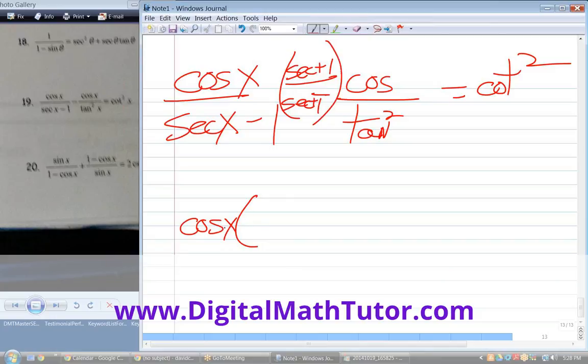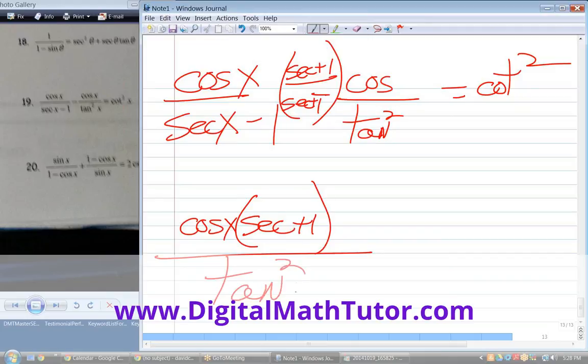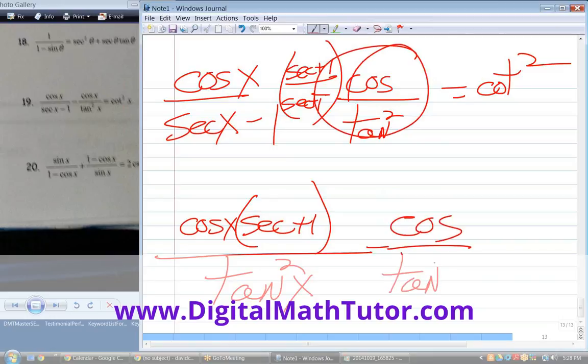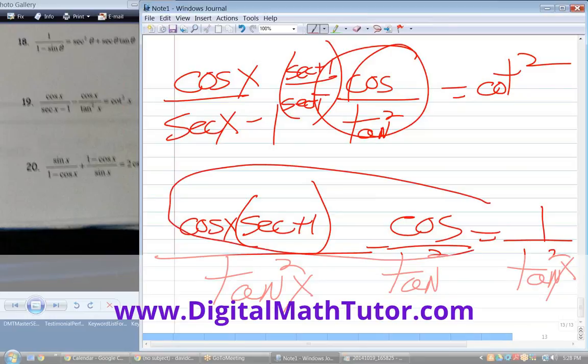So that gives me cosine x times secant plus 1 in the numerator. The denominator becomes secant squared x minus 1, which I can replace with tangent squared x. I already have that there, so that's perfect. Cosine over tangent squared x. And let's just make that read 1 over tangent squared x. That means this whole thing must be 1.